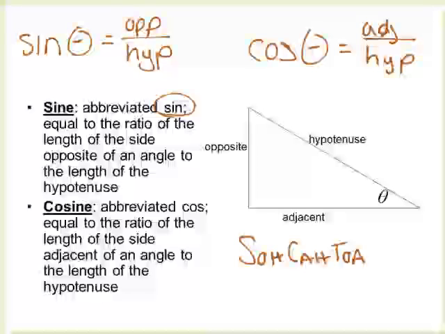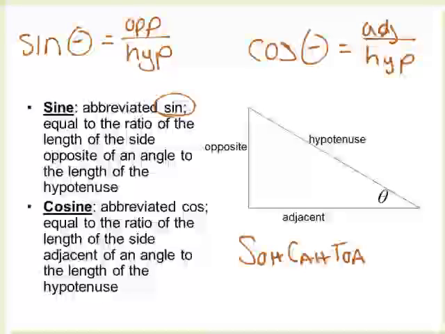The problem with this is that if you don't remember how to spell it, it's no good to you. So if you're like, I'm not going to remember how to spell that, then you'll want to come up with a different way of remembering it. One of the tricks that one of my teachers used was it ignores the S, C, and T, so you have to remember that those go there.